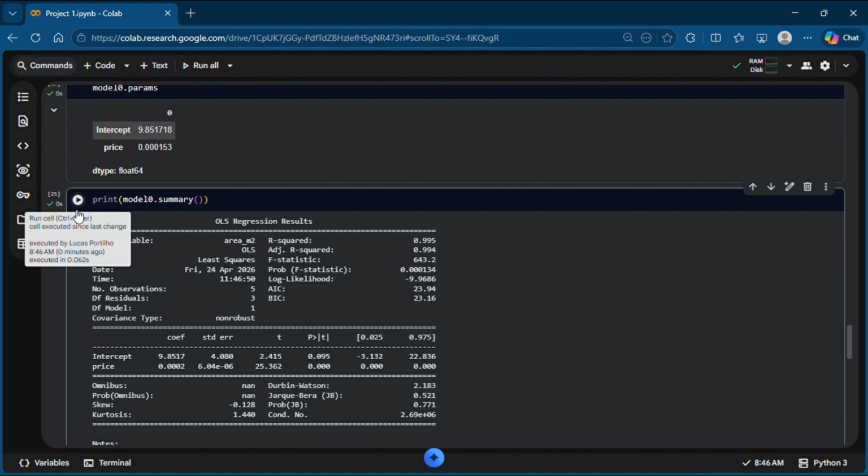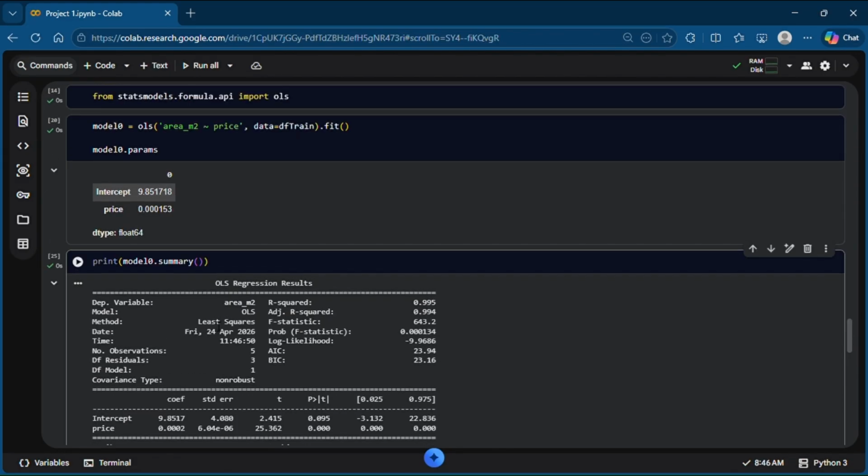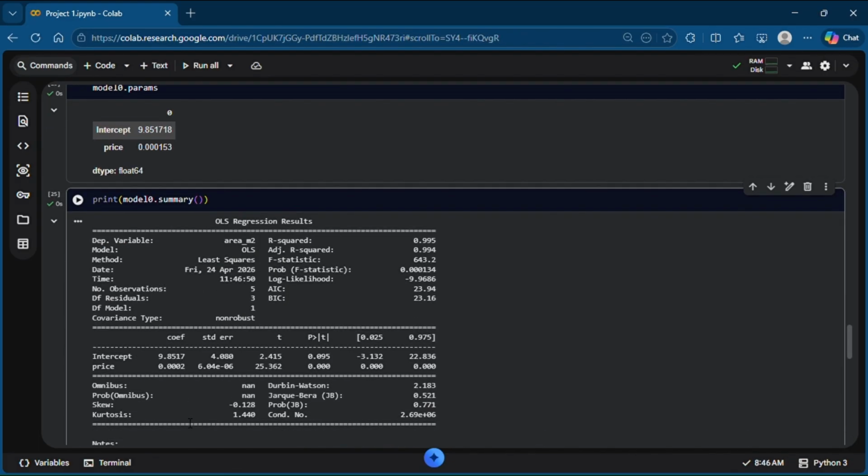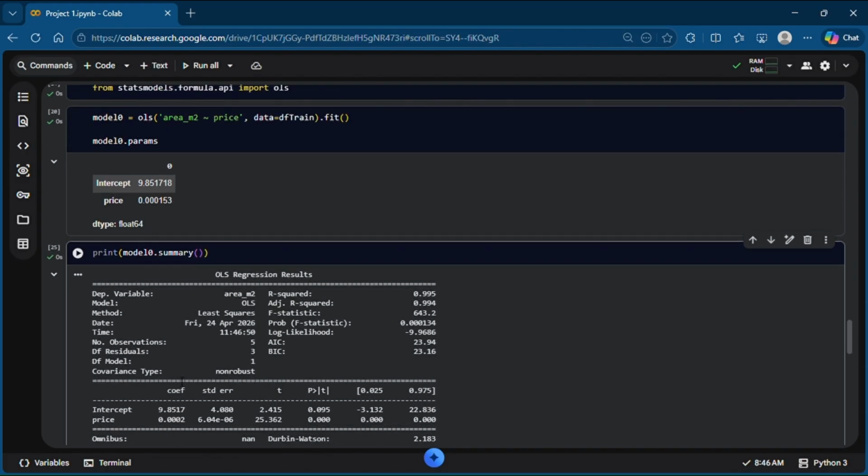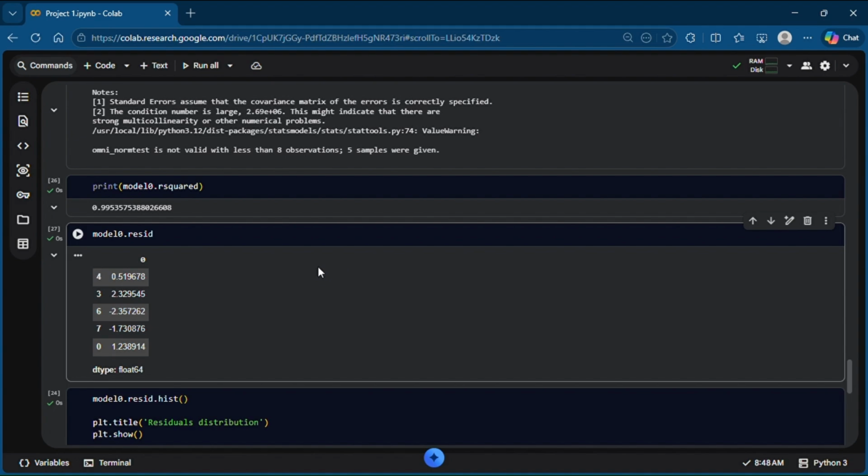So the information will vary. When the price increases by 1 unit, the area m squared increases by 9.85 square meters. And the other variables: the R squared is good, and the residuals are very small now, right? 0.51, 2.32, minus 2.35, minus 1.73, and 1.23.